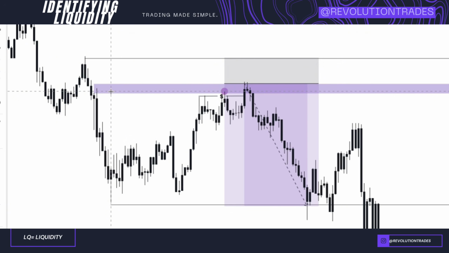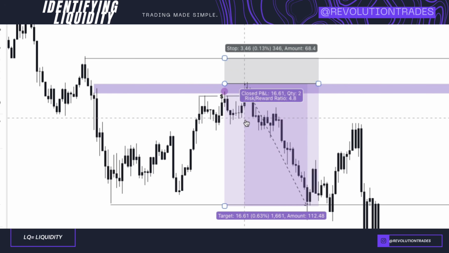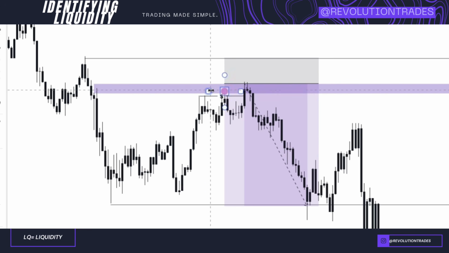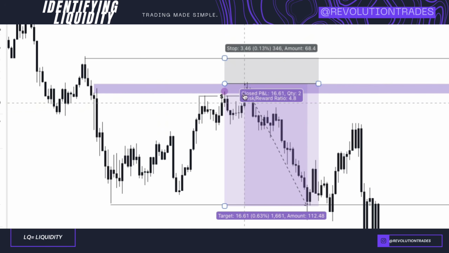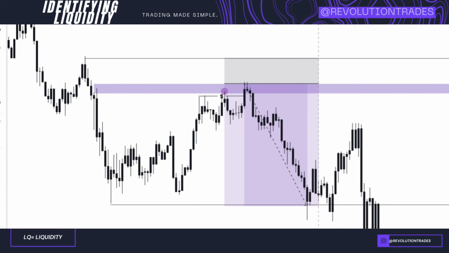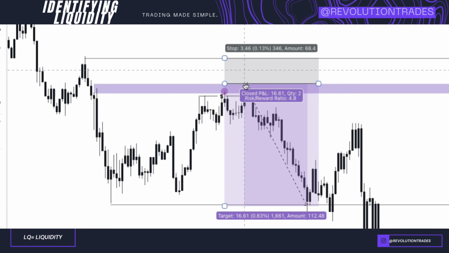Because if I'm already thinking, oh, this is a break of structure, let me buy, no, we're at a resistance level. We're already thinking about selling. The only way I'd be thinking about buying is if I get a true break of structure of this point, so price actually fully breaks this level and maybe gives me some other reactions to then continue up. But I'm already thinking about selling until given buy confirmation.